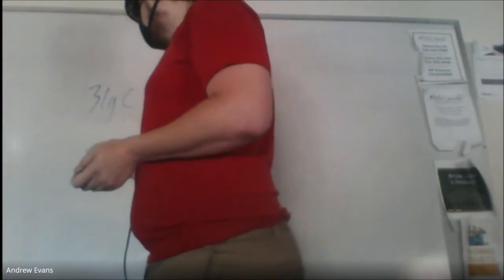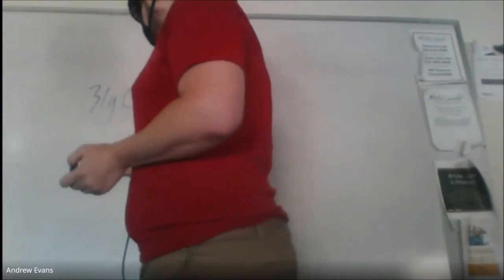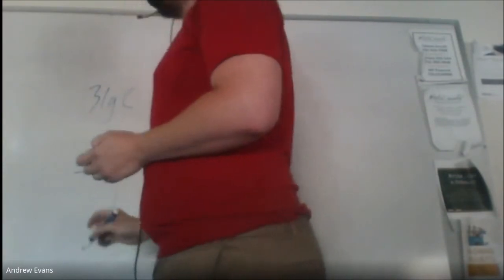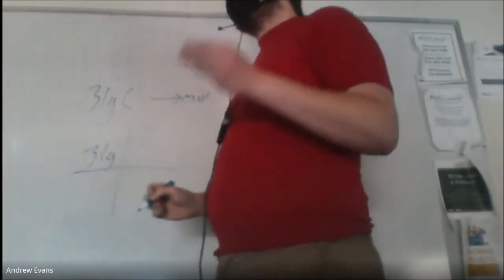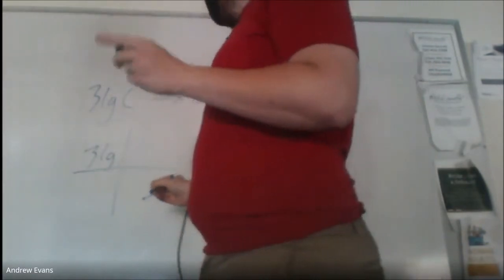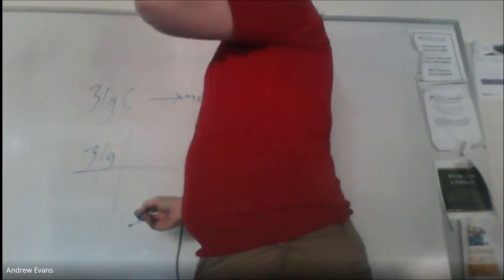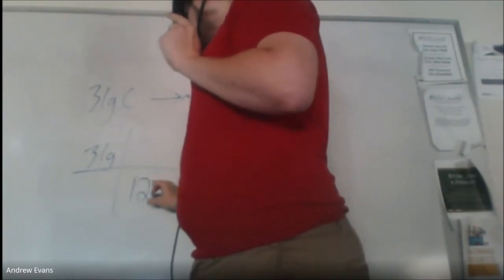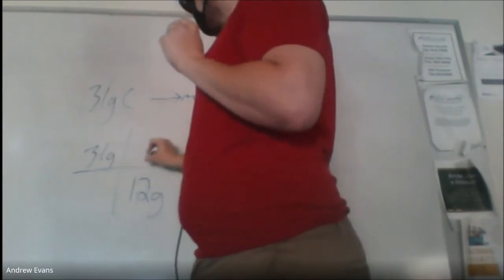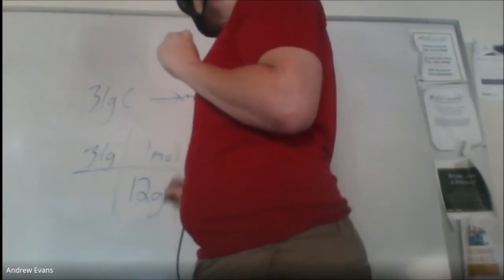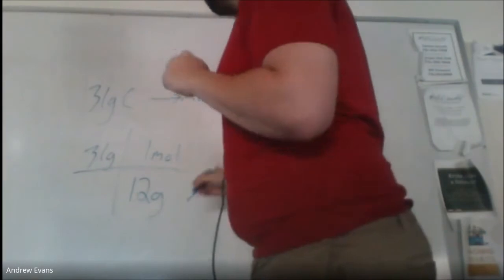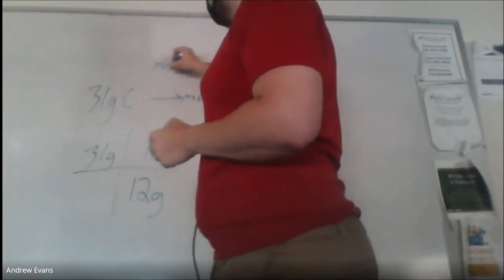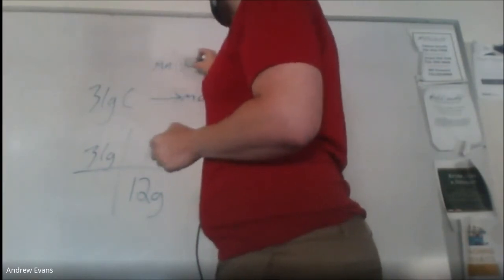I don't even bother memorizing the equations because of dimensional analysis. I look up carbon, which is 12. So I'd put 12 grams on the bottom, 1 mole on top, because the molar mass is 12 grams per mole.